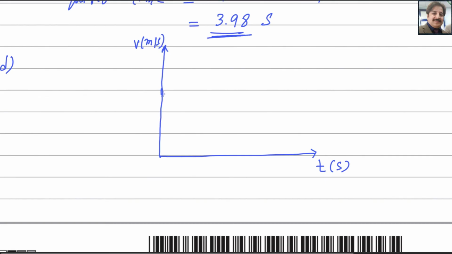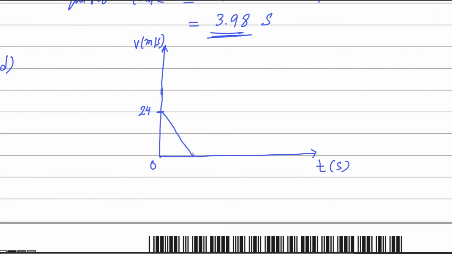Initial speed was 24 at point A, so let's say 24 is here. When the particle is thrown upwards, speed is decreasing, and it reaches 0 here.